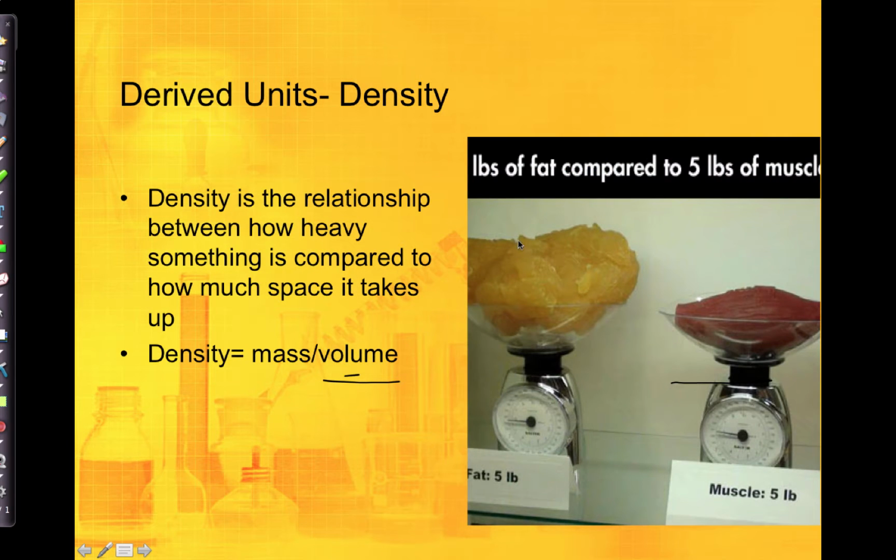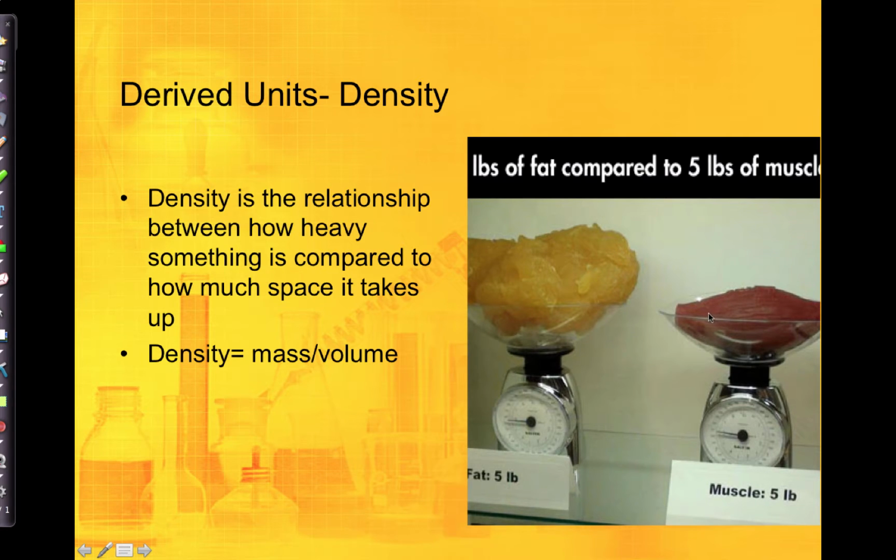All right, so let's talk about what density really is. Density is the relationship of how heavy something is versus how much space it takes up. And I like this picture because it really demonstrates what density is. A lot of people say that muscle weighs more than fat, which is actually incorrect, because I've heard people say that. Yes and no. When we're talking about density, muscle has a higher density.